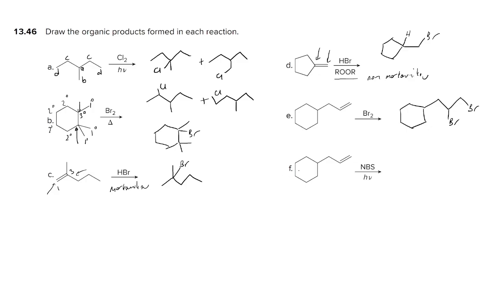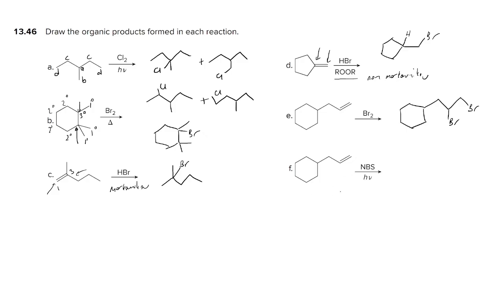Let's move to the last option. Last option, again, bromination in the presence of NBS, N-bromosuccinimide, and light. Again, this reaction is going to be through a radical pathway.